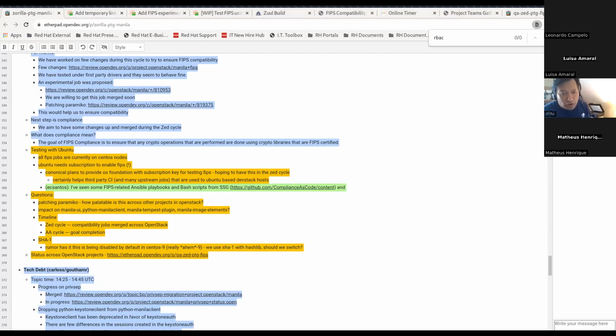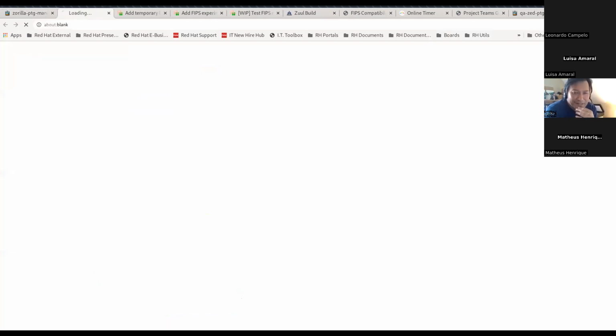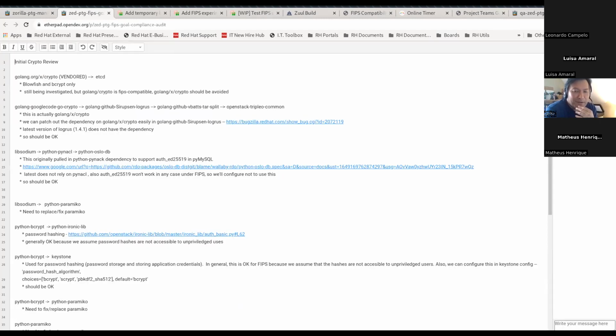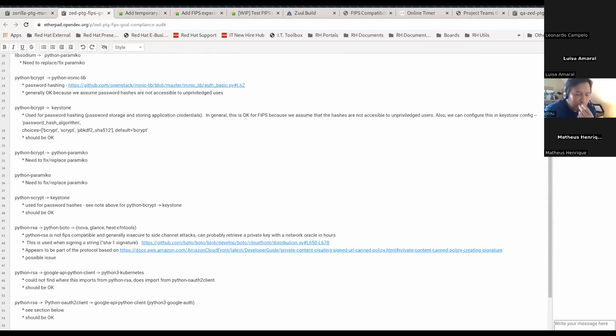I did an initial audit, and basically what I did is I started from something we called an ERP. Don't ask me what that stands for, but it is something that we as Red Hat as a vendor need to create in order to do export compliance.